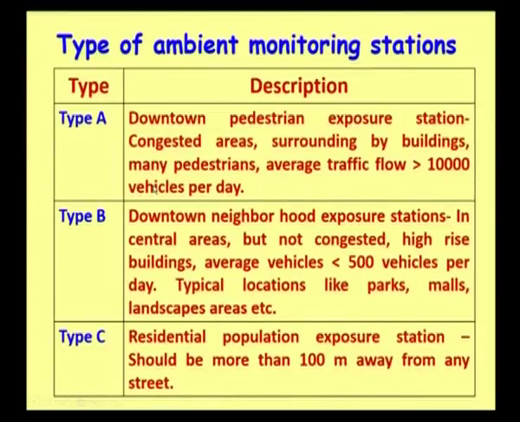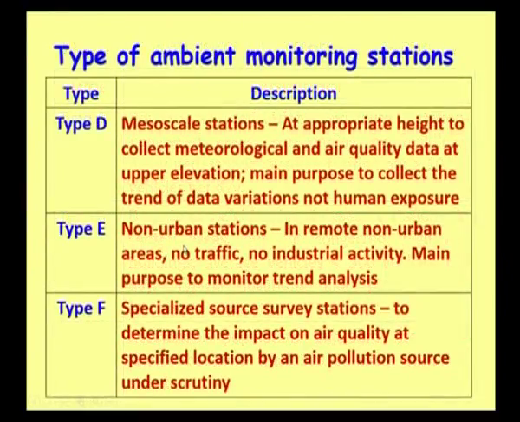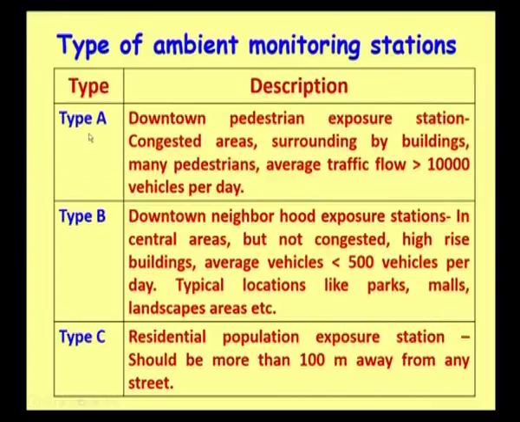And the types of monitoring: A, B, C, D, E, F. So, in that way the monitoring is happening at different places. Type A is the downtown pedestrian exposure station, put up directly in places where people are crowded, in congested areas where the vehicle flow is more than 10,000, and that is monitored.